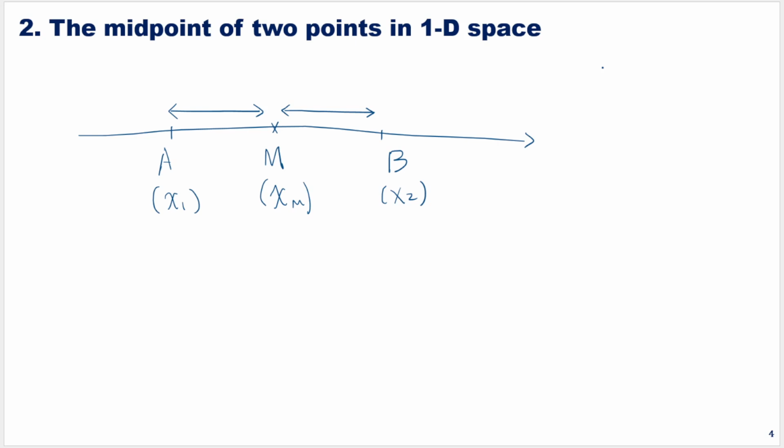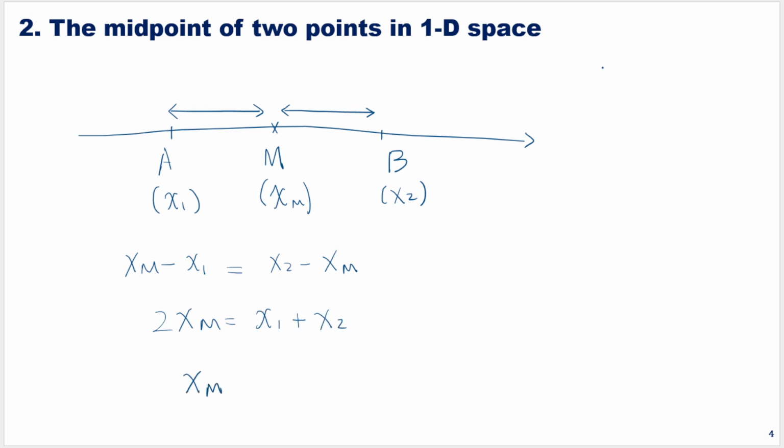And then we know that xm minus x1 is the distance between A and M, right? And of course, xm is greater than or equal to x1, so we can just remove the absolute value signs there. And that distance should equal this distance here, which is x2 minus xm, right? Again, x2 is greater than or equal to xm, so you can just ignore the absolute value signs. Therefore, we have 2xm equals x1 plus x2, right?